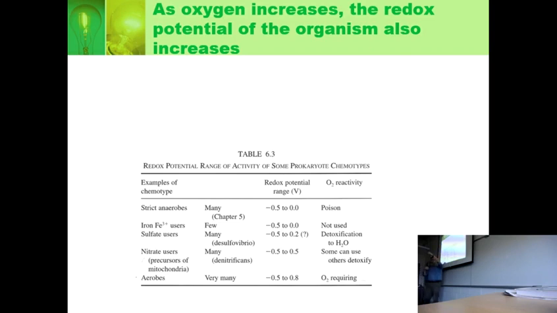Remember how the first slide was about how the Earth's redox potential expanded and became more positive, which is farther down on the E scale. And if you look at the different kinds of organisms, the ones that don't use oxygen will work only in low, negative redox areas, whereas we work at a 0.8 positive area.